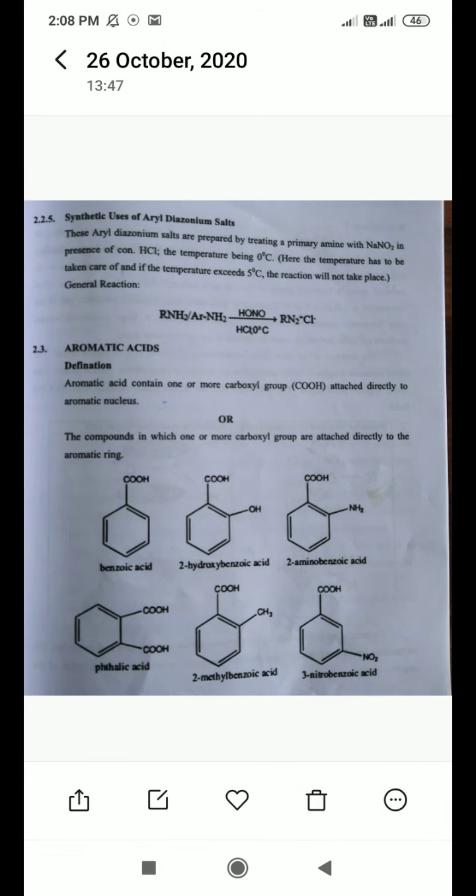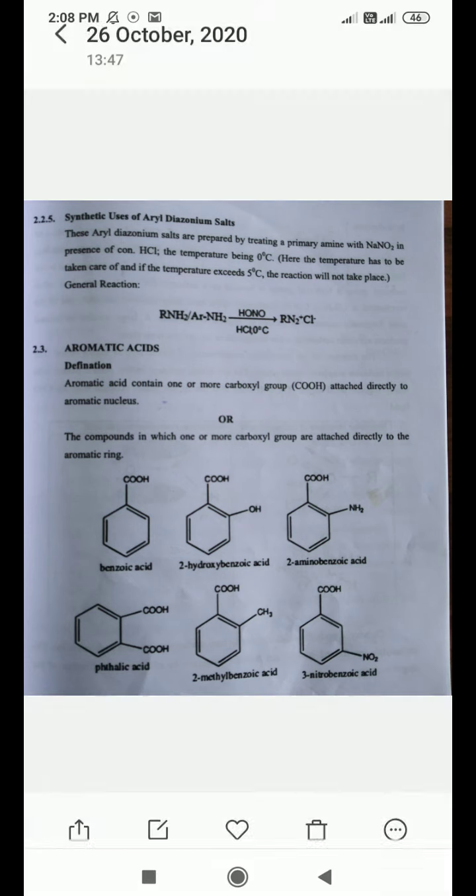First you see benzoic acid. In benzoic acid, the benzene ring is directly attached with the carboxylic group, COOH. Then next is 2-hydroxybenzoic acid. In this, at position 2, which is also called the ortho position, a hydroxyl group is attached. So this ring is named 2-hydroxybenzoic acid.